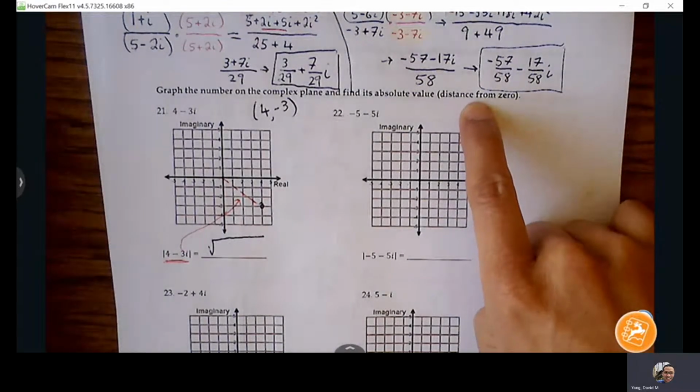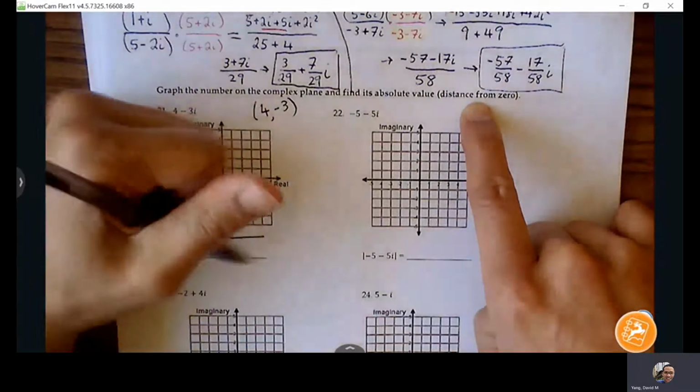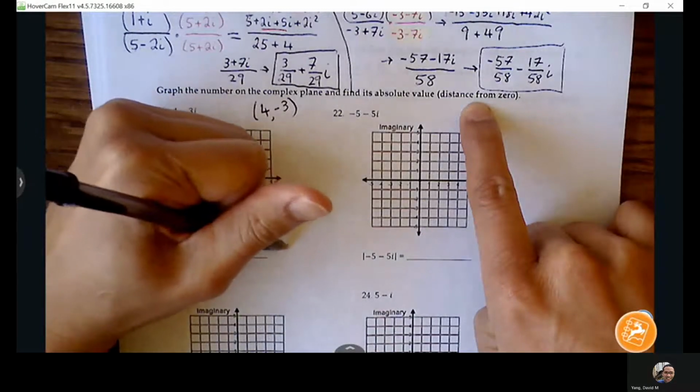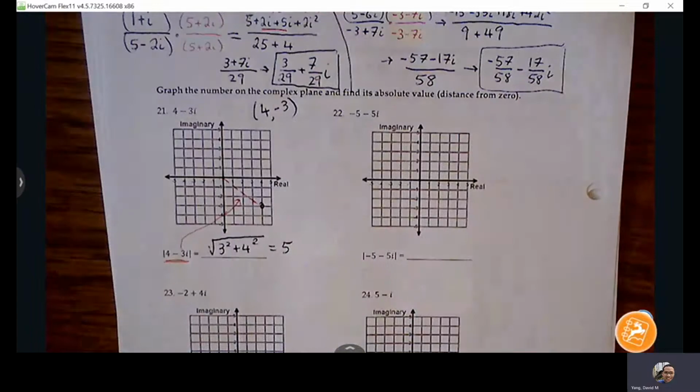Basically, your absolute value is just the distance. So imagine you're just plotting the ordered pair and then using Pythagorean theorem to find the hypotenuse. It really is as simple as that.